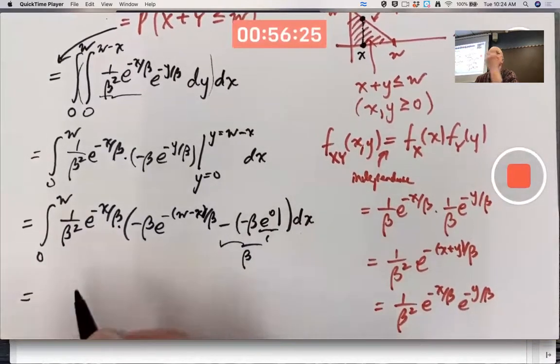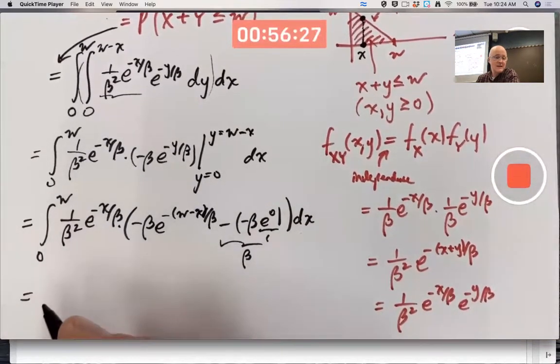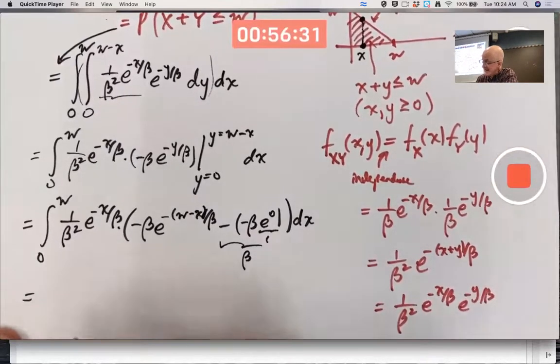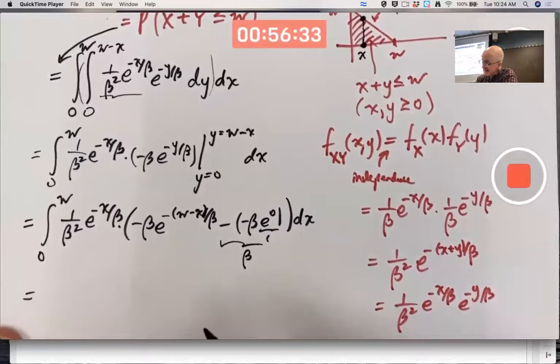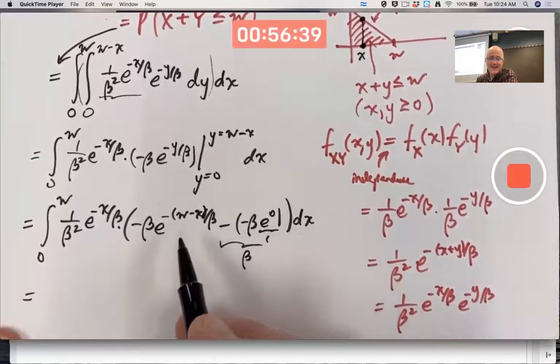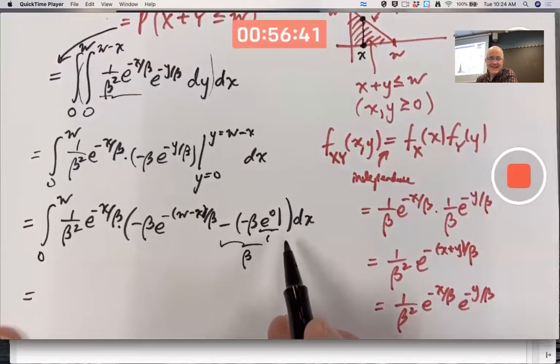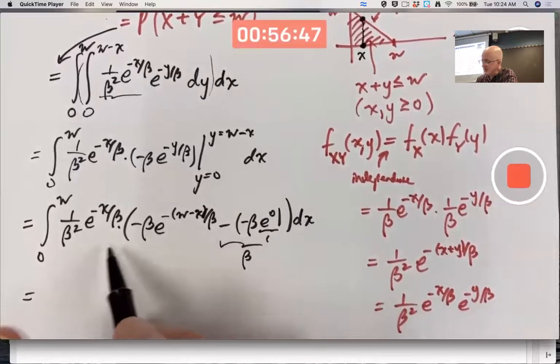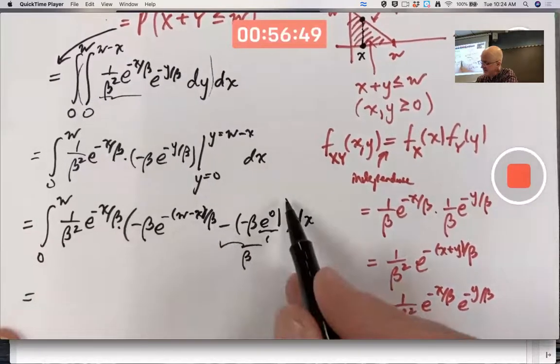I didn't try this example before class. It's turning out a bit more complicated than I was hoping, but tell me where to stop my pen. Yeah, this is multiplying times the whole thing.